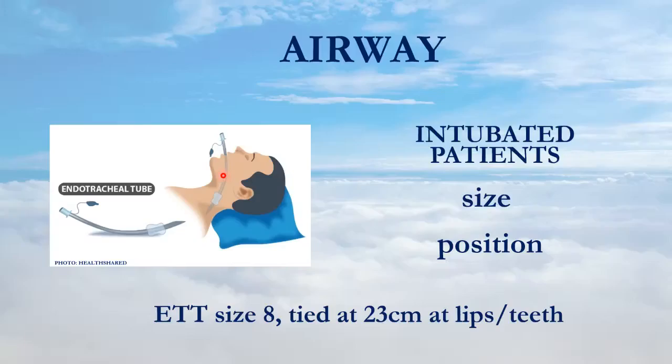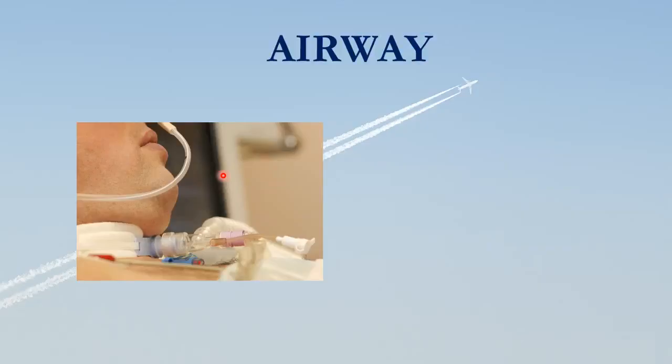Okay, let's proceed. Still under the airway, we've encountered tracheostomy. Some of you may not have encountered tracheostomy. So what's tracheostomy? It's a procedure that involves creating an opening, a stoma.